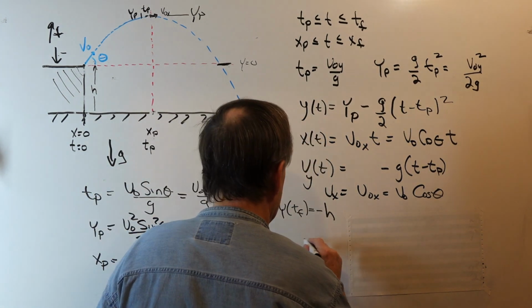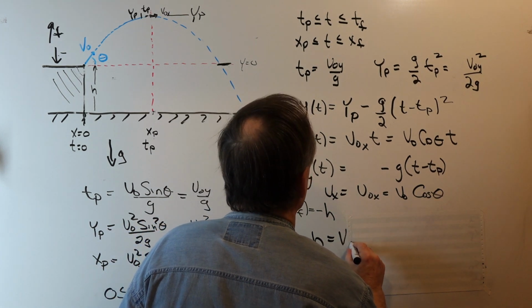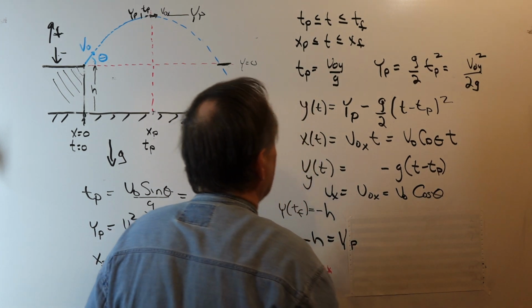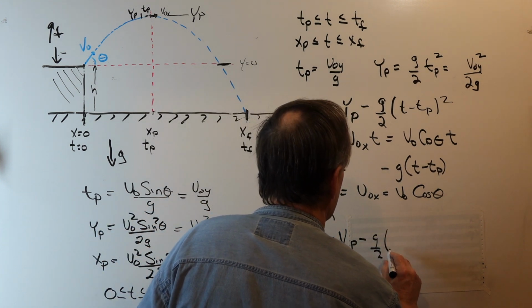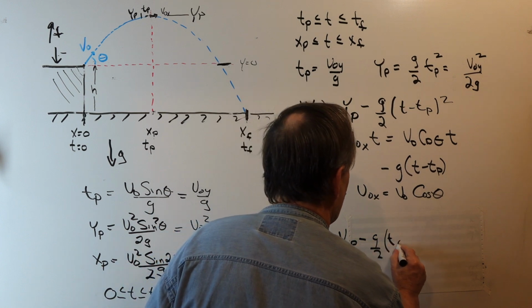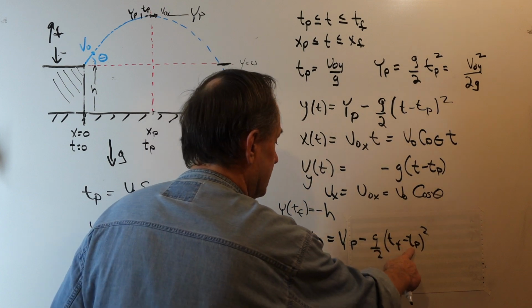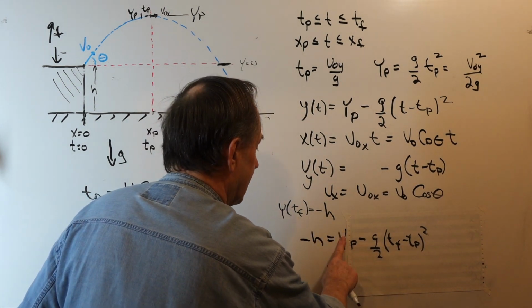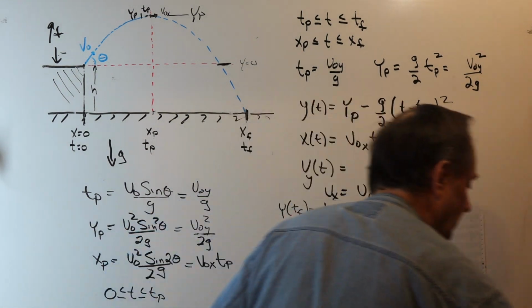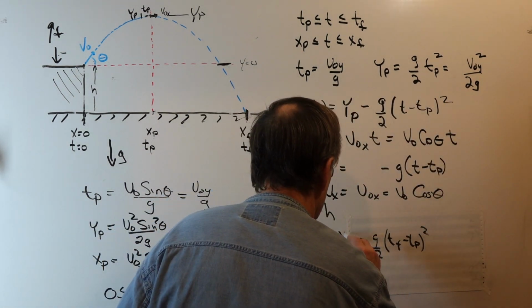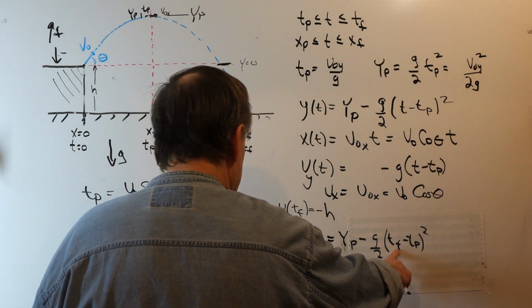So we can put that into our equation here for the vertical height. So we have minus h is equal to the y peak value minus g over 2. At this time, the time is t final minus t peak squared. Well, we know t peak, we know the y peak value, and we know h. Those will be given. So we can solve for t final.